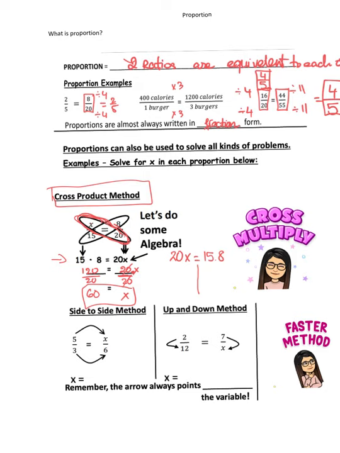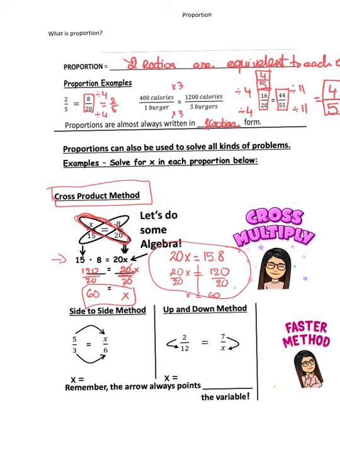Start with the variable. We come to 120, but you're gonna divide 20 on both sides, inverse operation. But I highly recommend you start with the one that has the x, the variable.